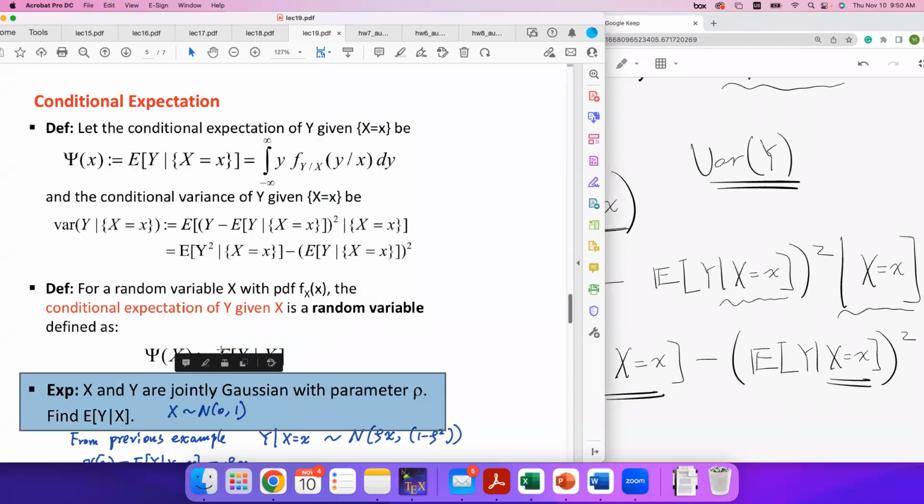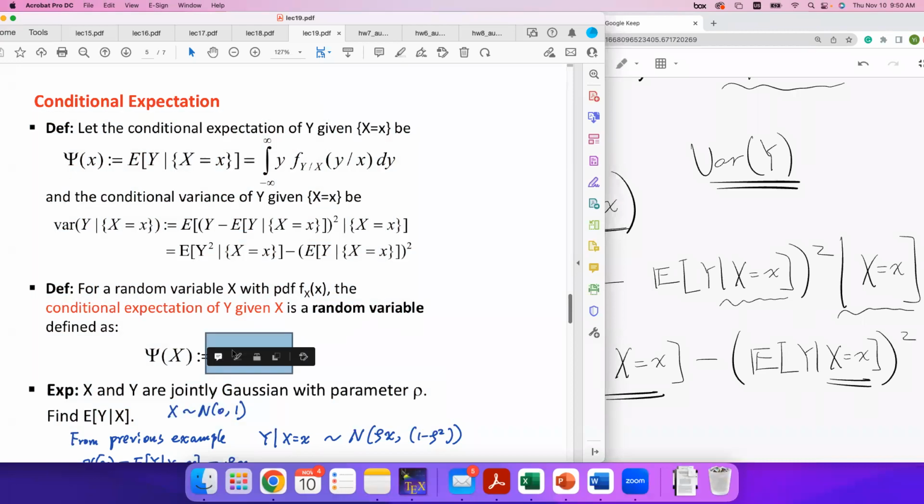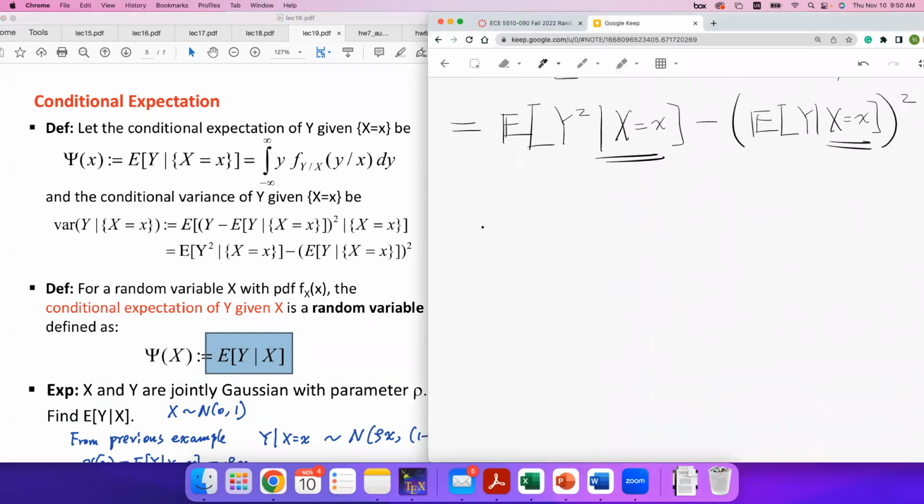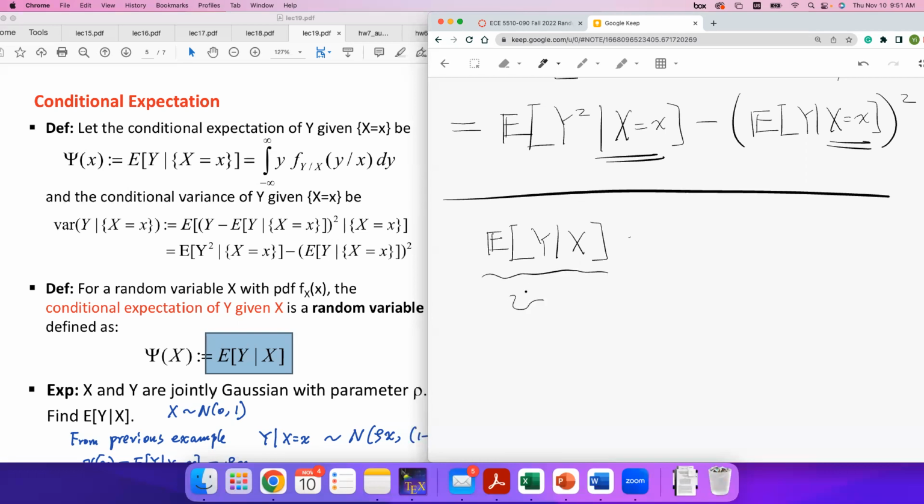Basically, this conditional expectation is a function of the random variable x. So we write this as something of random variable x.